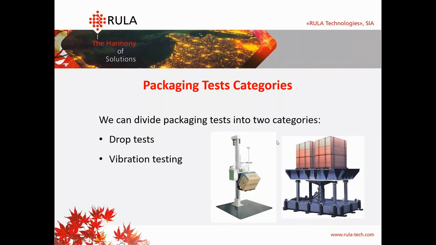And now let's talk about the package tests. We can divide them into two categories, like drop tests. Here on the first picture, we can see a drop machine, and vibration tests using a regular controller, vibration shakers, and so on. At Ruler, we provide solutions for these two categories.